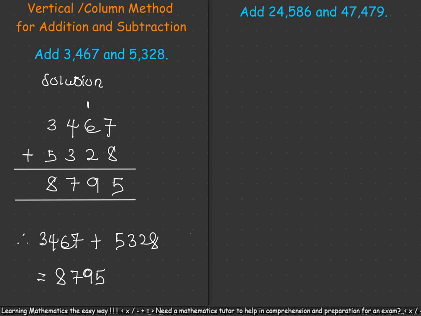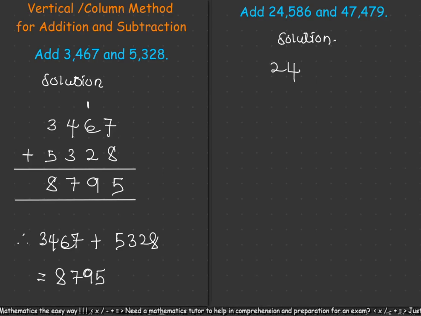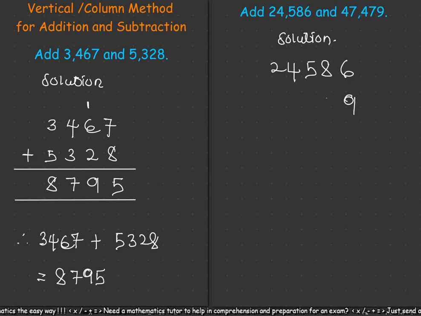So with this second one we have over here, we have 24,586, and we are adding it to 47,479. So our solution, we have 24,586. Then you make sure you are arranged so that the columns are aligned. So I'll start from the 9, 7, 4, 7, 4.